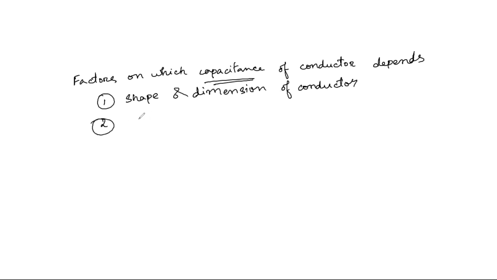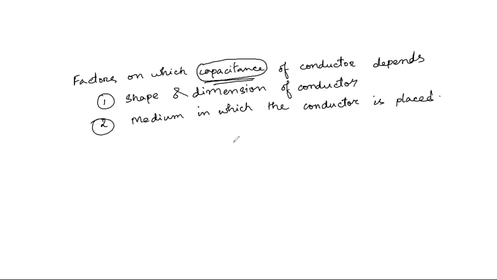Our second factor is the medium in which the conductor is placed. This is the second factor on which the capacitance of the conductor depends.